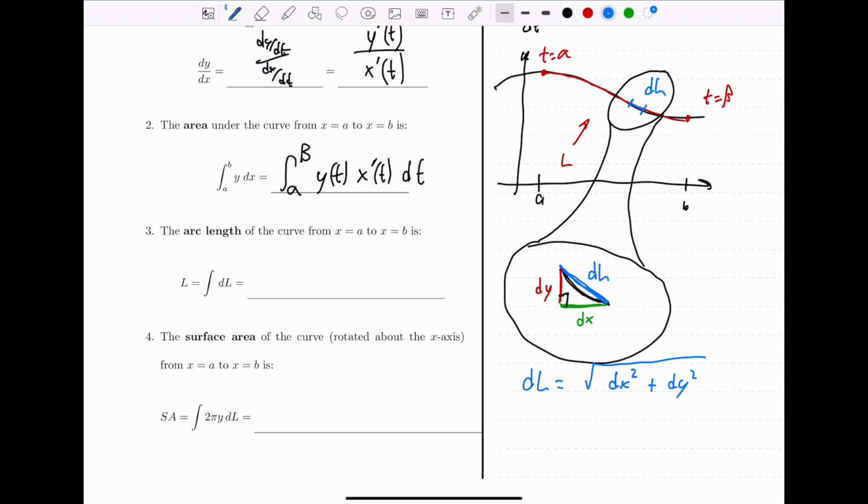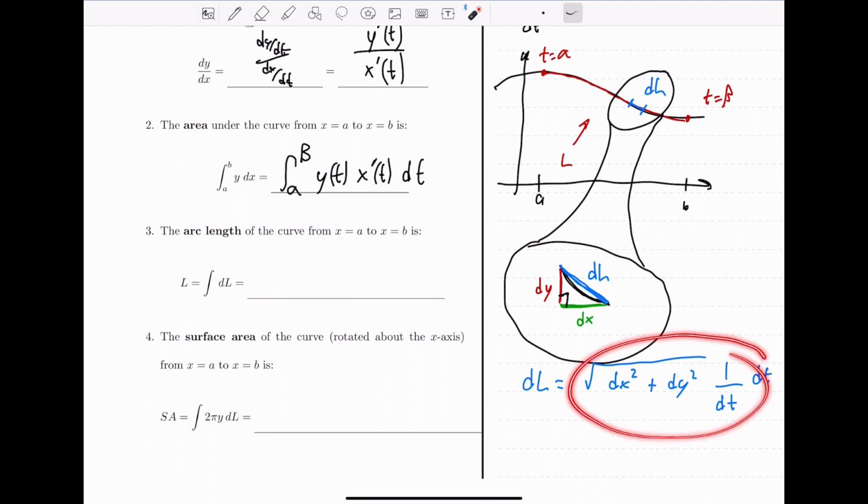So what we're going to do here is multiply and divide by dt. And this seems a little bit bizarre. We saw a similar thing before. And the reason that we'll do this is to transform this expression to be an integral with respect to t. So multiplying and dividing by dt doesn't change the actual expression, so we have not changed the value of dl.